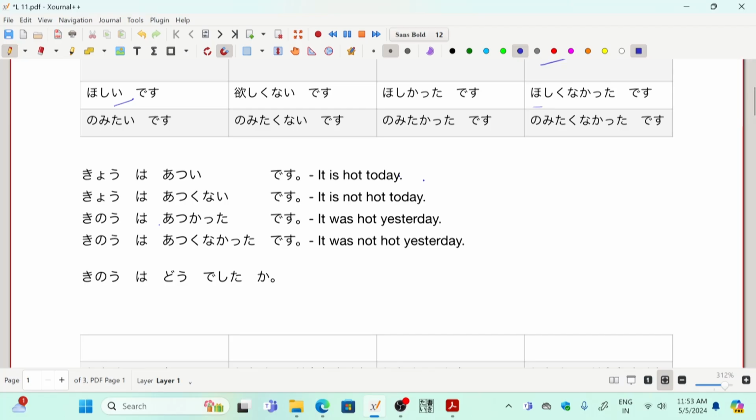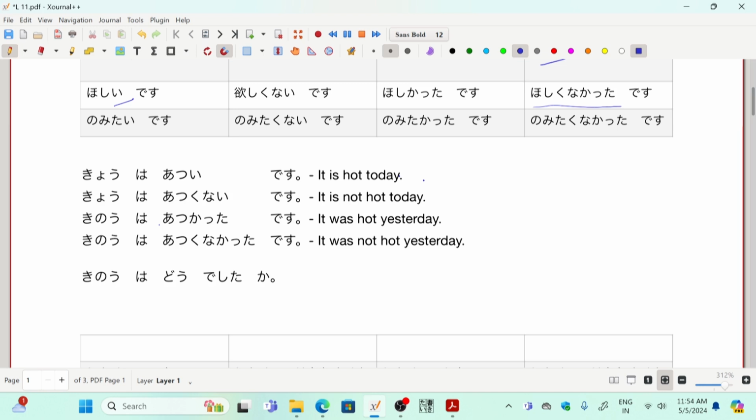When I say I don't want a car, kuruma ga hoshikunai desu. When we say I wanted a car, kuruma ga hoshikatta desu. I didn't want a car. Kuruma ga hoshikunakatta desu. So negative past will be kunakatta.